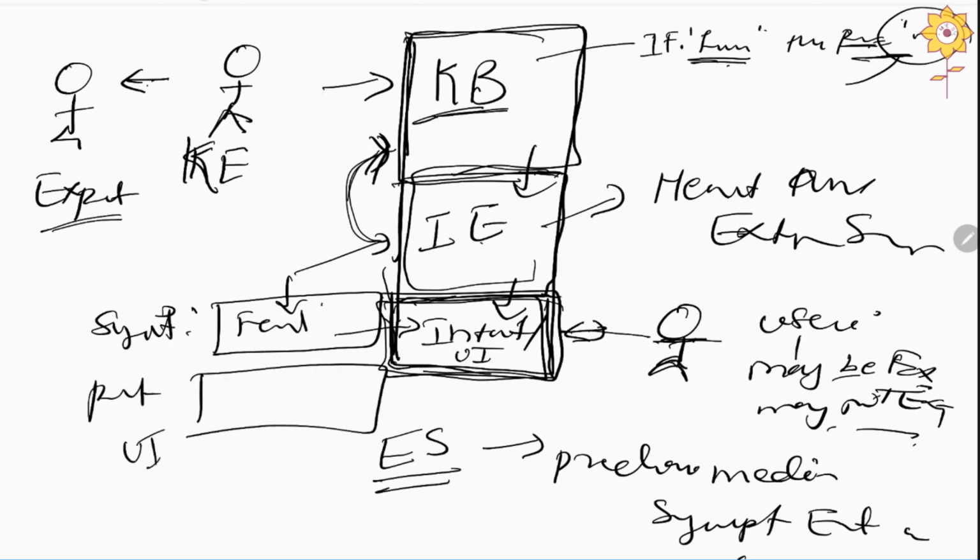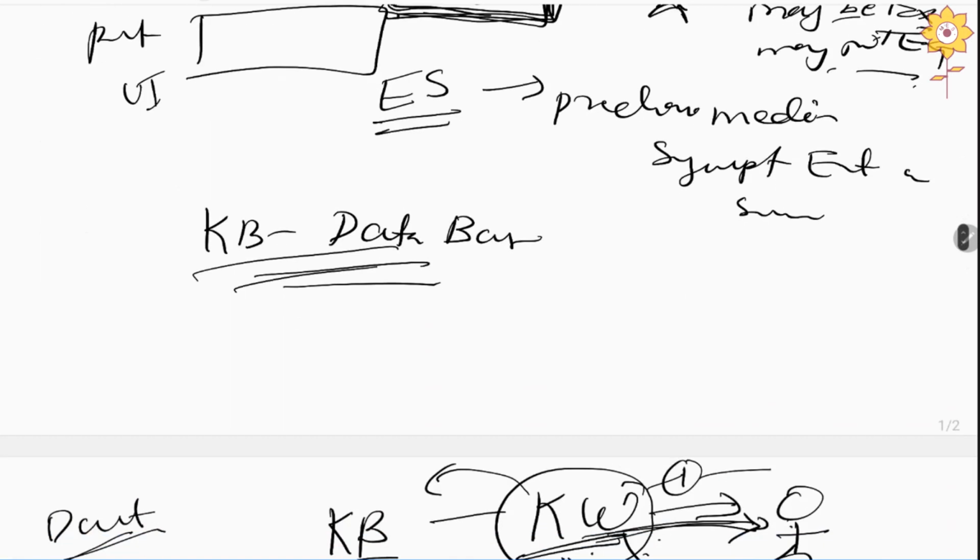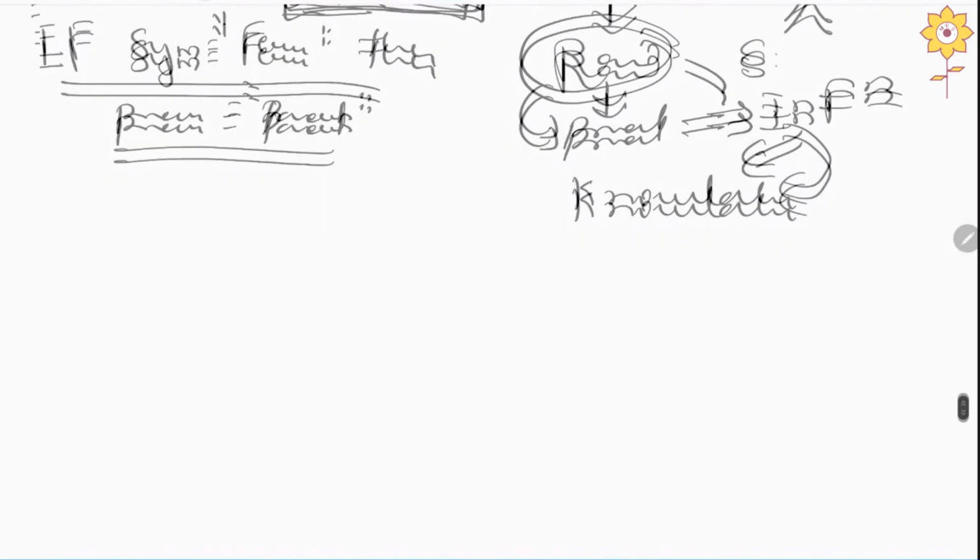The user enters the query into the field specified on the user interface, it is read by our inference engine, which carries that information to the knowledge base. From the knowledge base it fetches the data and puts it back on the interface. In this way the entire expert system works.